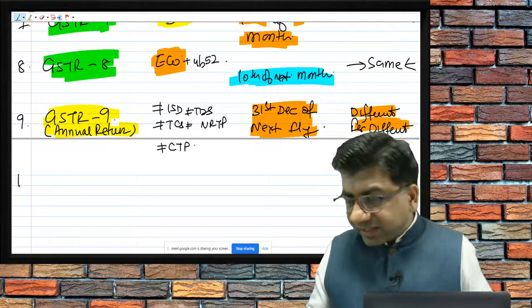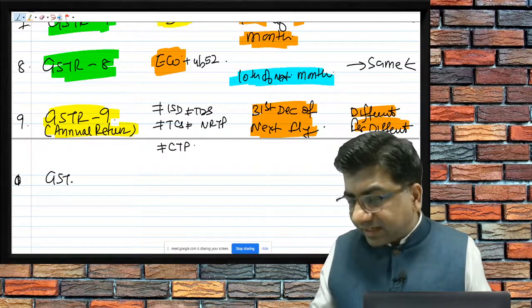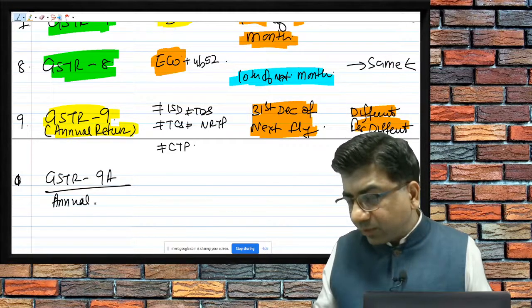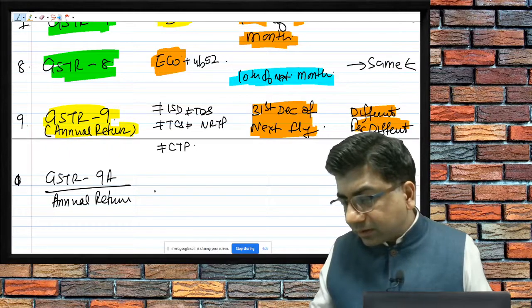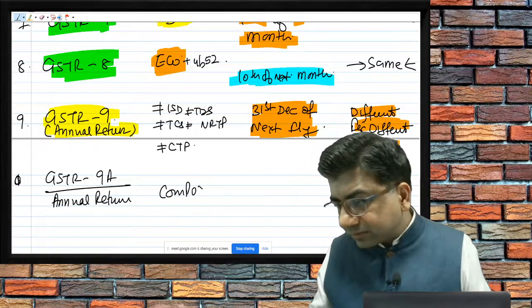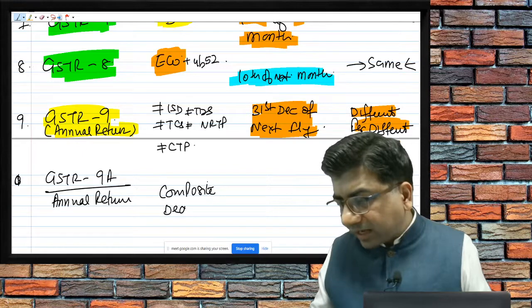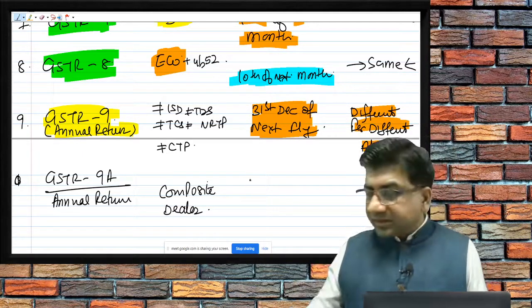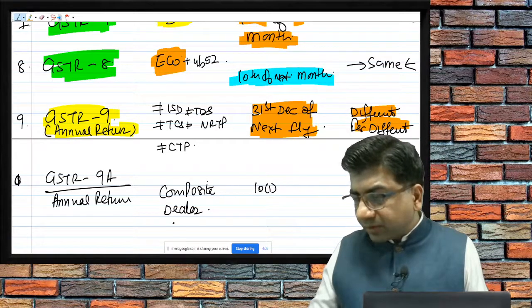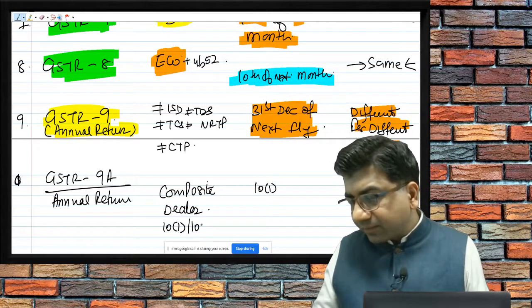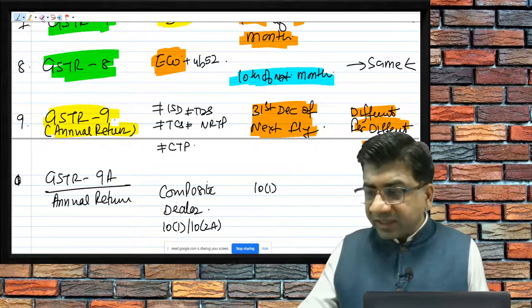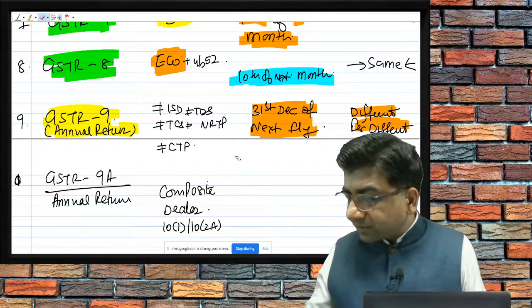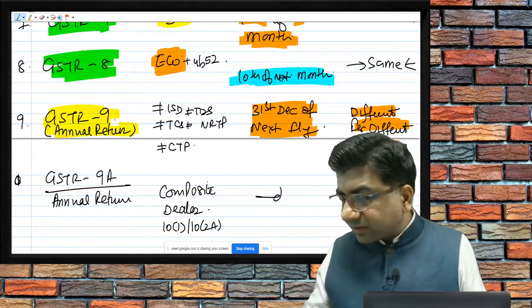हाँ जी, GSTR, उसके बाद GSTR 9A. This is annual return for composite dealer. Whether you are under the 10-1A scheme or 10-2A scheme, time limit is the same, but practically it is again different.